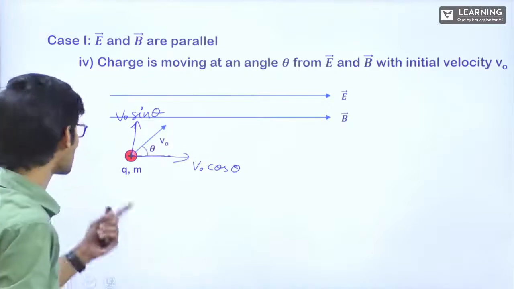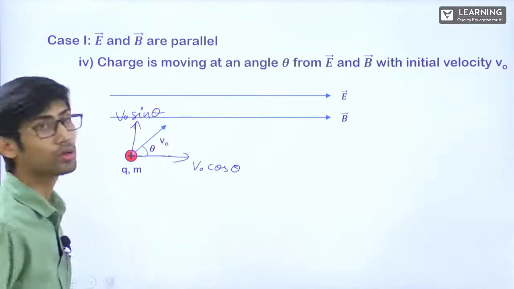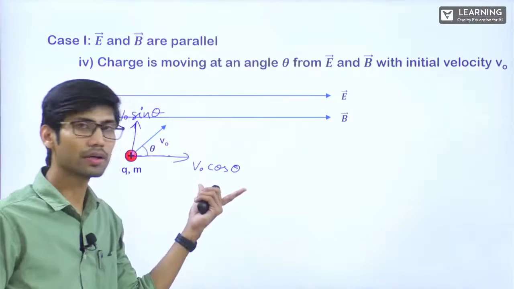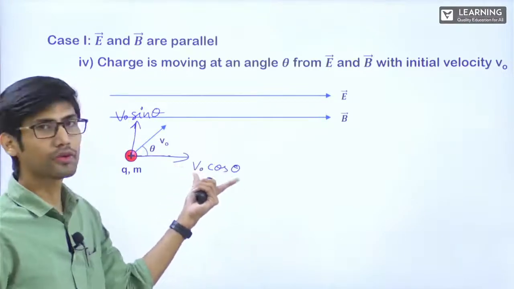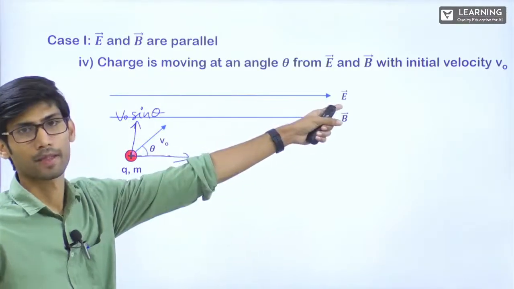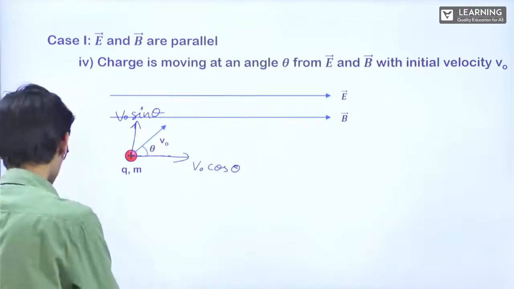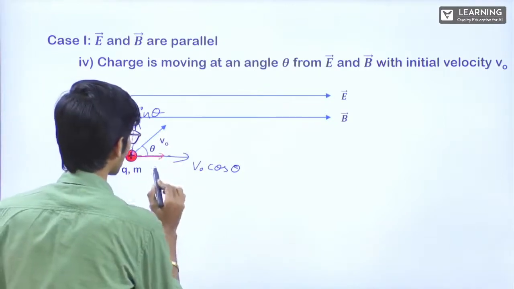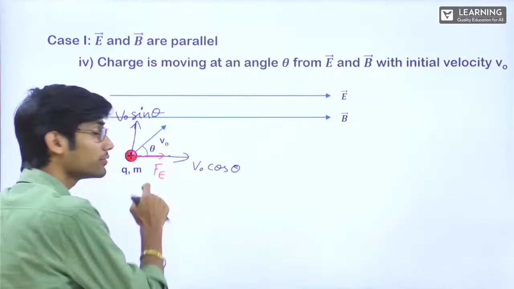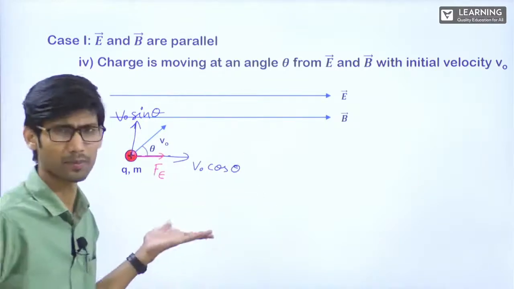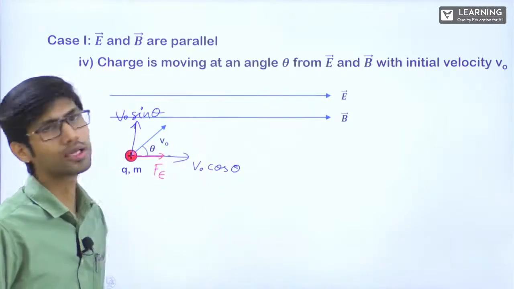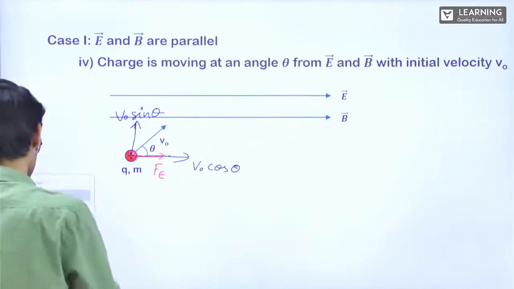Due to this V0 sin theta, there will be circular motion. Now here, initial velocity is V0 cos theta, but there is an electric field. Because of this, there is electric force also, and there is an acceleration also. The same thing. So here, it will be a helical motion with increasing pitch.